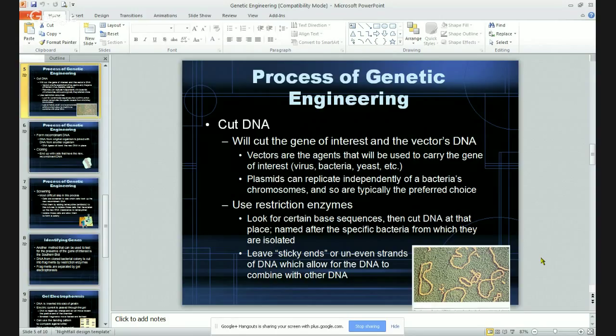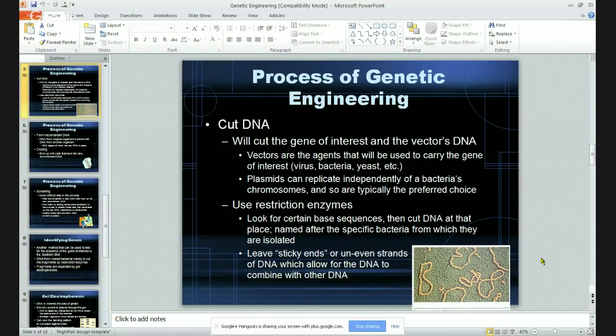They leave what's called a sticky end because when they do the cutting, they will cut maybe 2 bases deep into the right side of the strand, but then 4 or 5 bases deep into the left side, so you end up with uneven DNA strands. On one side, you've got a couple of bases just randomly sticking out. But that allows it to pick up the gene of interest.